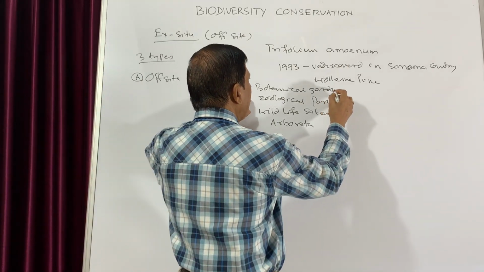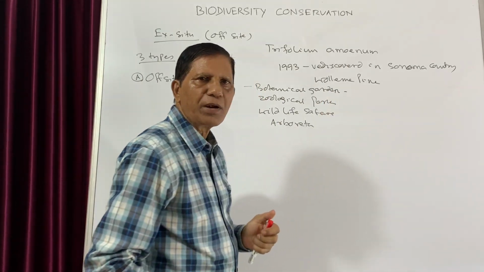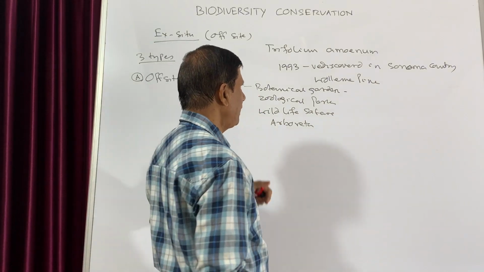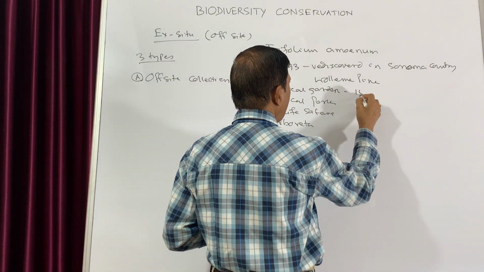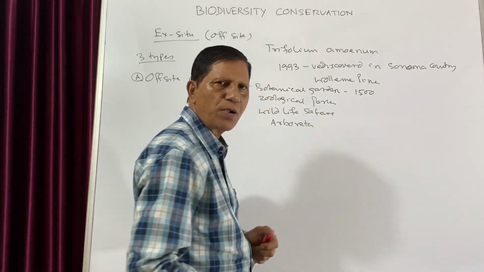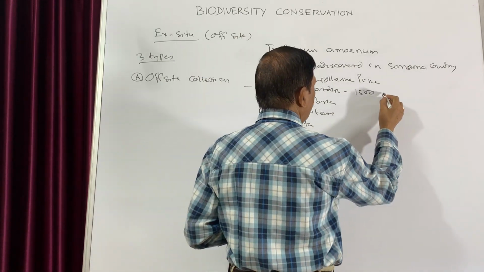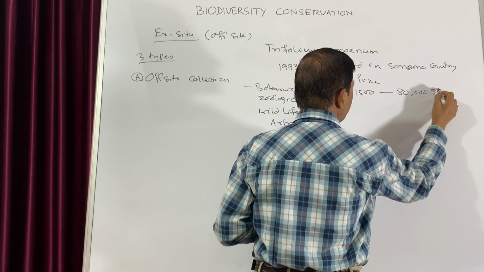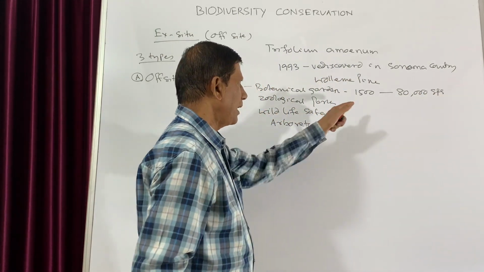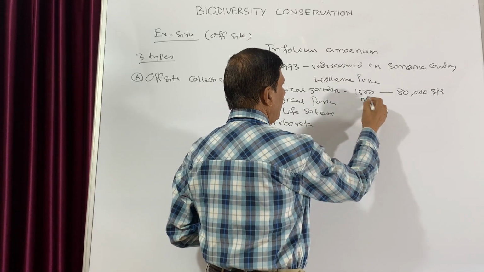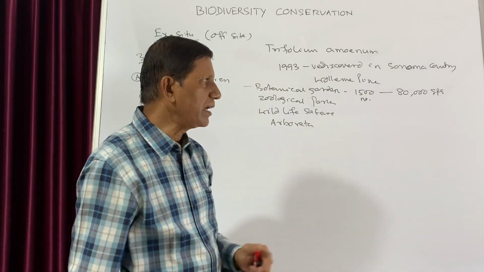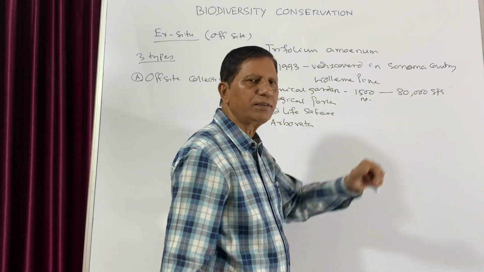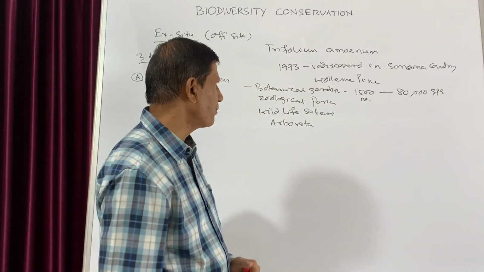Usually in botanical gardens different types of plants are grown, and at present in India there are 1500 botanical gardens which are protecting about 80,000 species of plants.